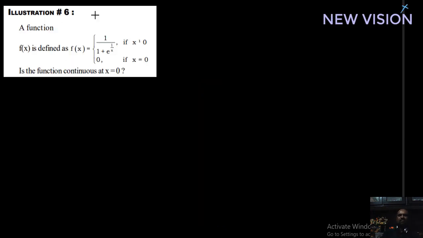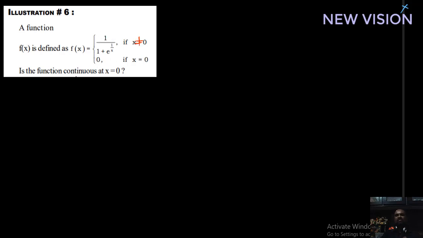Next problem, an interesting problem. A function f of x is defined by this, for x not equal to 0. I want to use another color for that, wait. x is not equal to 0, this is the rule, and for x equal to 0, this is the rule.